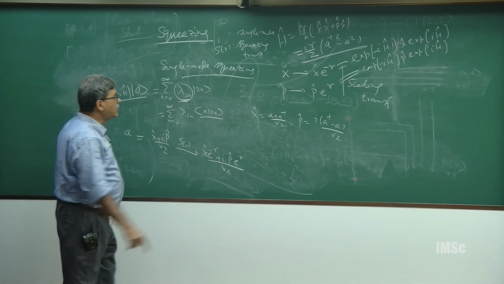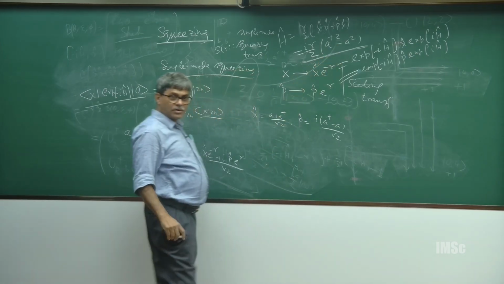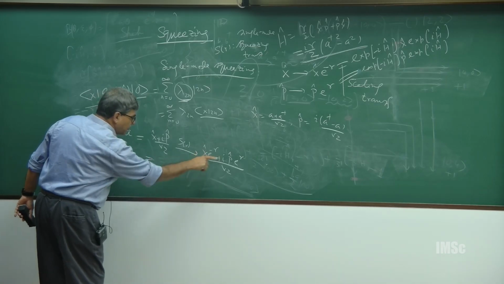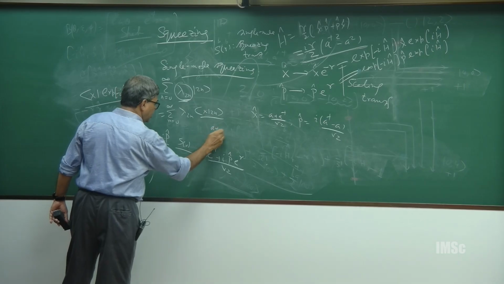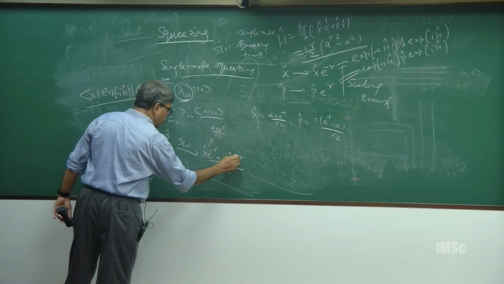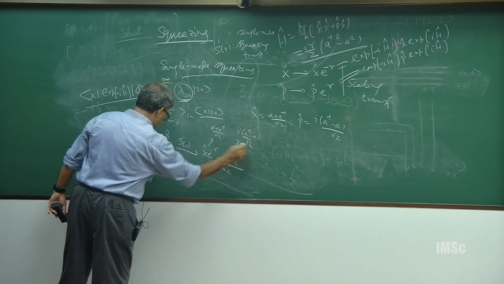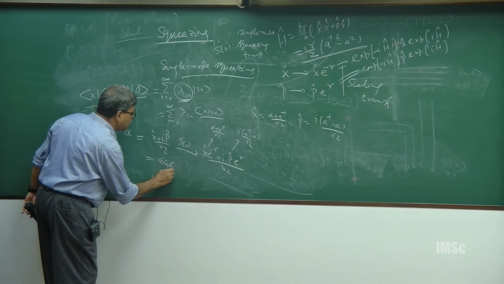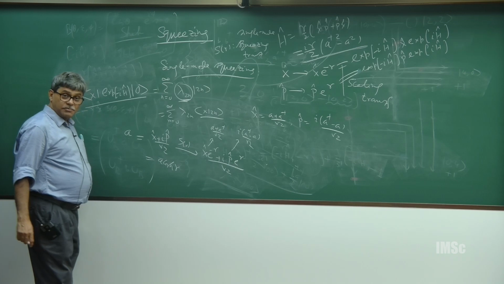Yes, a dagger square minus a square. Now you can re-express it in terms of a and a dagger. This is x by root 2, and this is i a dagger minus a by root 2. So I think this will be a cosine hyperbolic r and then plus or minus.